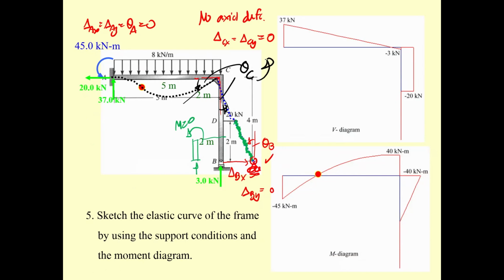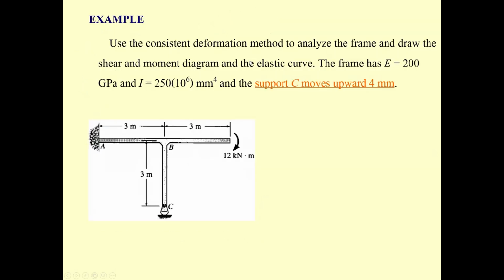I believe you can imagine it and try to do your best, since the scale for drawing the elastic curve is as high as for the shear diagram and moment diagram. So put more detail in your elastic curve.